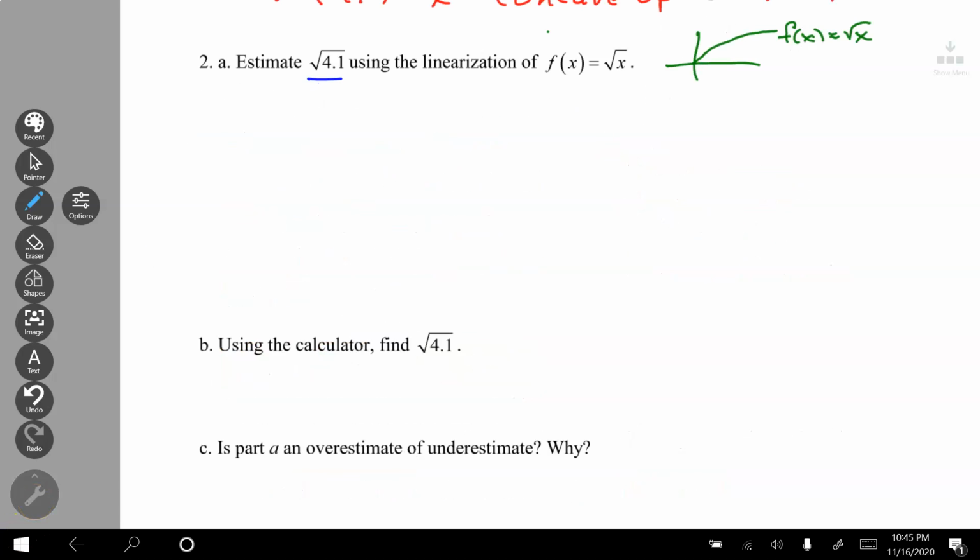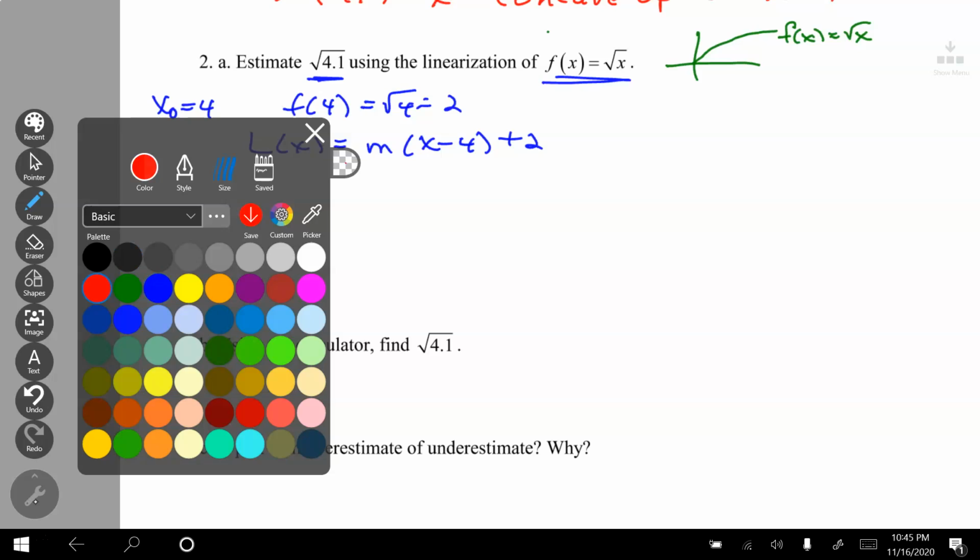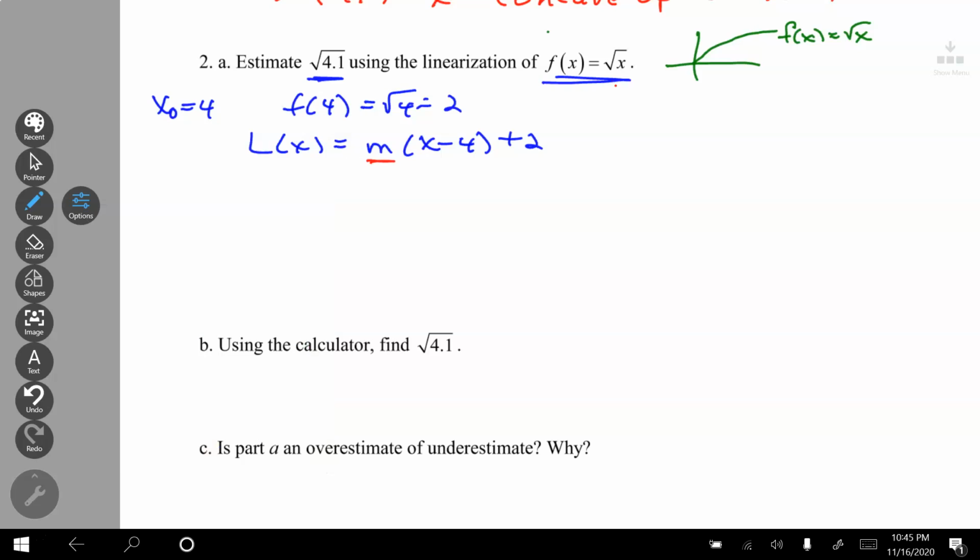Okay, another example. Again, we have this x value of 4.1, and we have a different function, f of x equals the square root of x. So I'm going to use my x0 equal to 4 again, and I plug this in here. I get the square root of 4, which is 2. So my linearization is m times (x minus 4) plus 2. I need to know what my m is. That is my derivative. So f of x is equal to x to the 1/2.